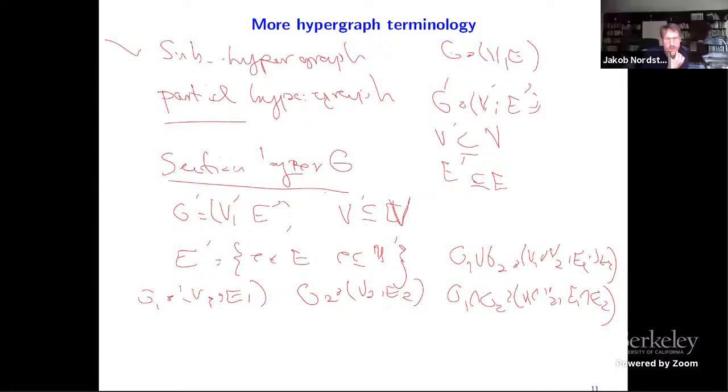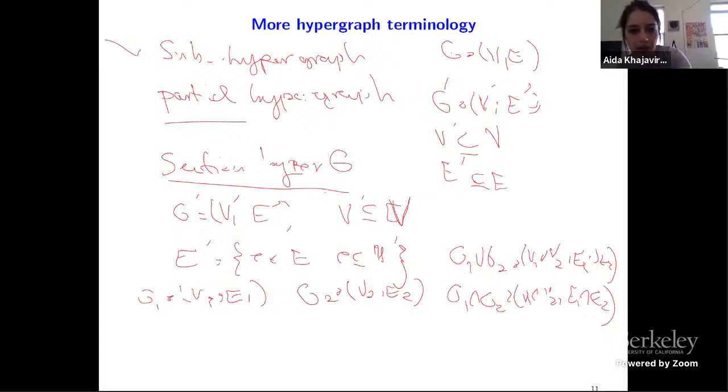And then you had this other notion, which was also in some sense induced, but once I fixed my new smaller vertex set, I just took the intersection of all the edges. Yeah, so in the sub-hypergraph, you can have new edges added, right? Because you intersect the original edge set with that smaller vertex set, and that could introduce new edges that are not in the original one.